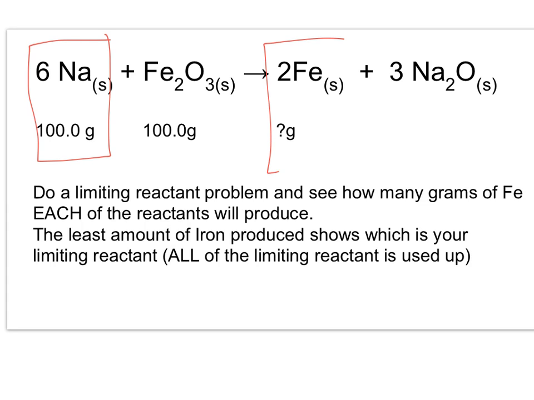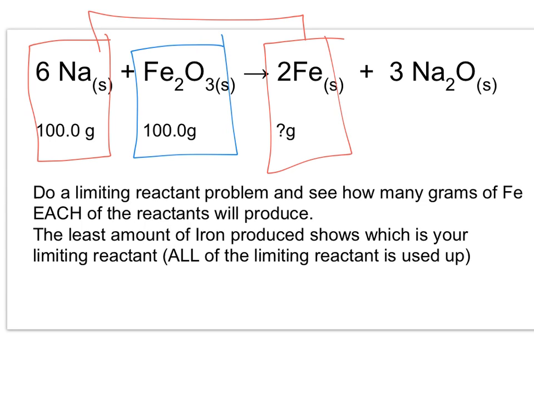So you are going to do one problem where you calculate how much of the sodium is going to be used up to make the iron, and then you find out how much of the iron 3 oxide you're going to use, and whichever one is least, that's going to be your limiting reactant. That means that the other reactant is going to be your excess. So I want you to do that problem first. Pause the video and do that first.